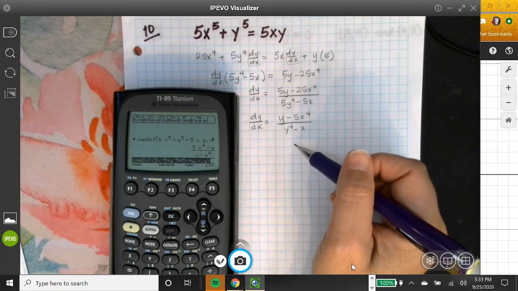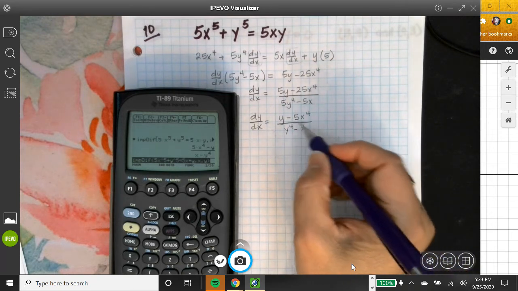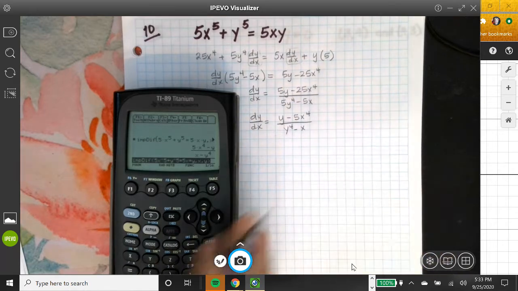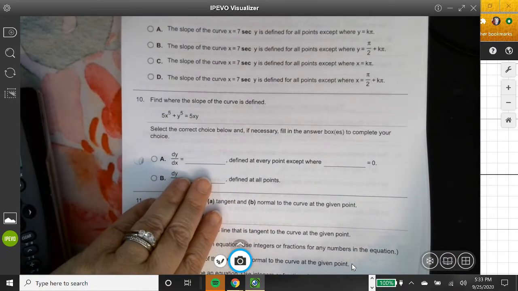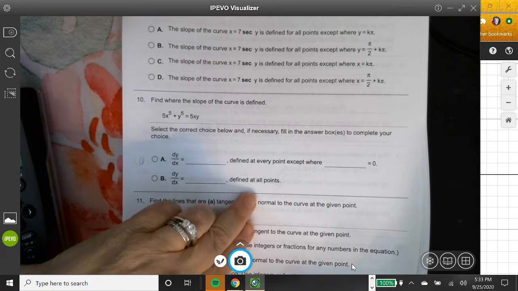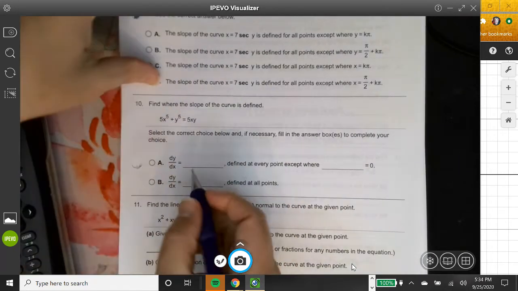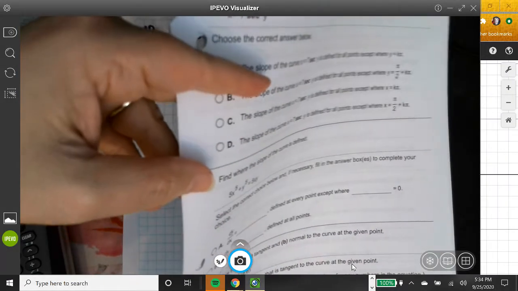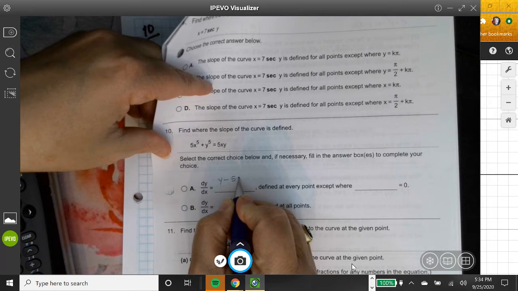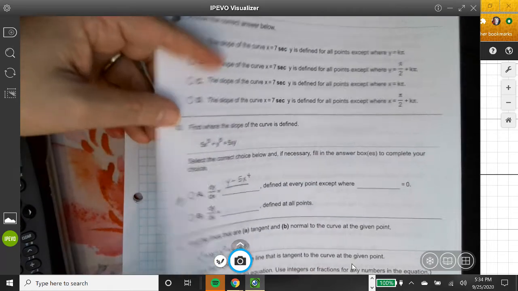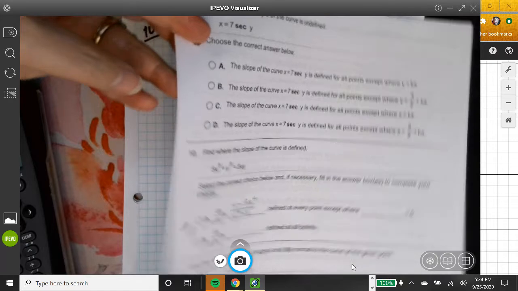This is what our derivative is. Now this derivative is going to exist everywhere except for when the denominator is equal to 0. So when this question asks where dy/dx is defined, well, it's not defined at all points. I would write in this box here y minus 5x to the fourth over y to the fourth minus x.